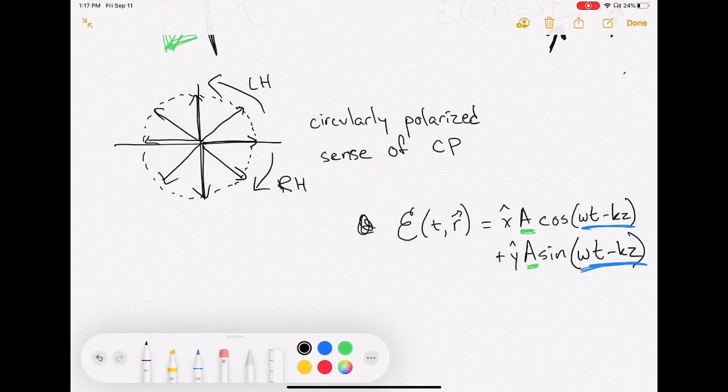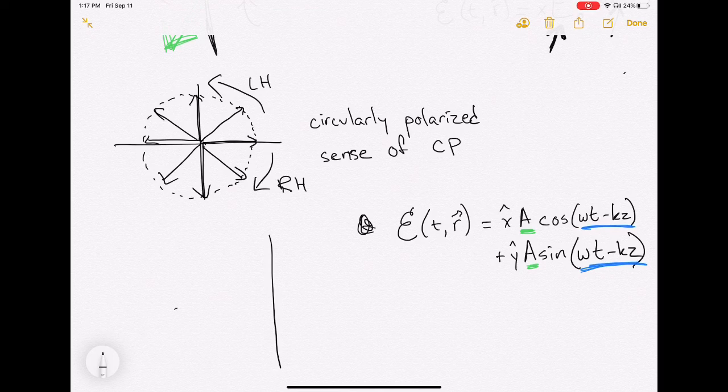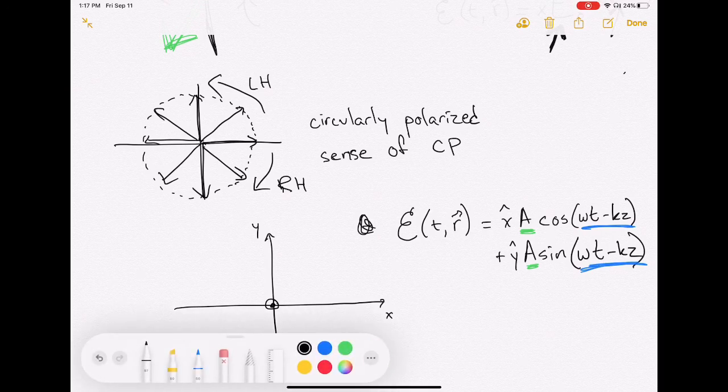So if I draw a little xy plane here, remember x cross y points in the z direction, so z is pointing out of the board towards us, which is how it should be if we're evaluating the sense of a circular polarization. Let's take a look at what happens at time 0.